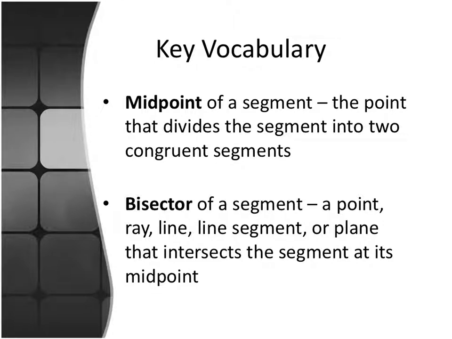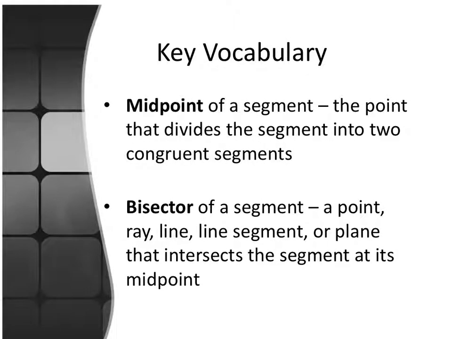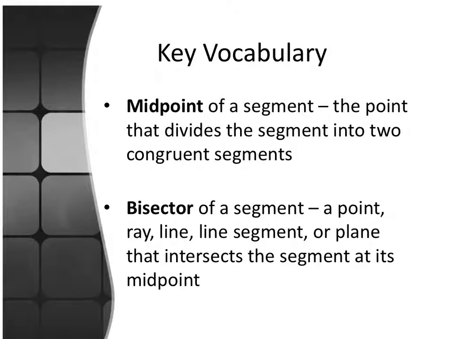Now, when we are trying to identify a midpoint, if I gave you a segment and let's say I drew it like this, and let's say I put a random dot right here.